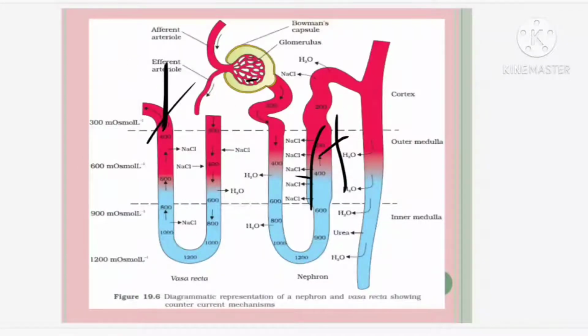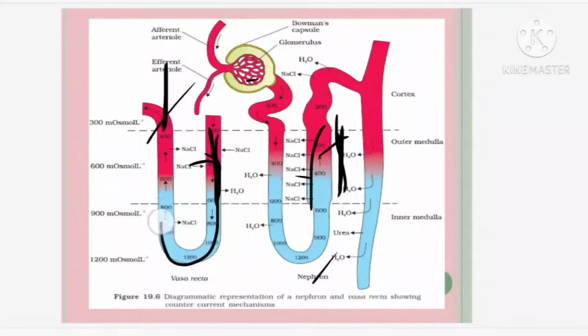So the NaCl which is moving out is moving into the vasa rectae present over here. NaCl is moving in, right? This blood is loaded with NaCl.